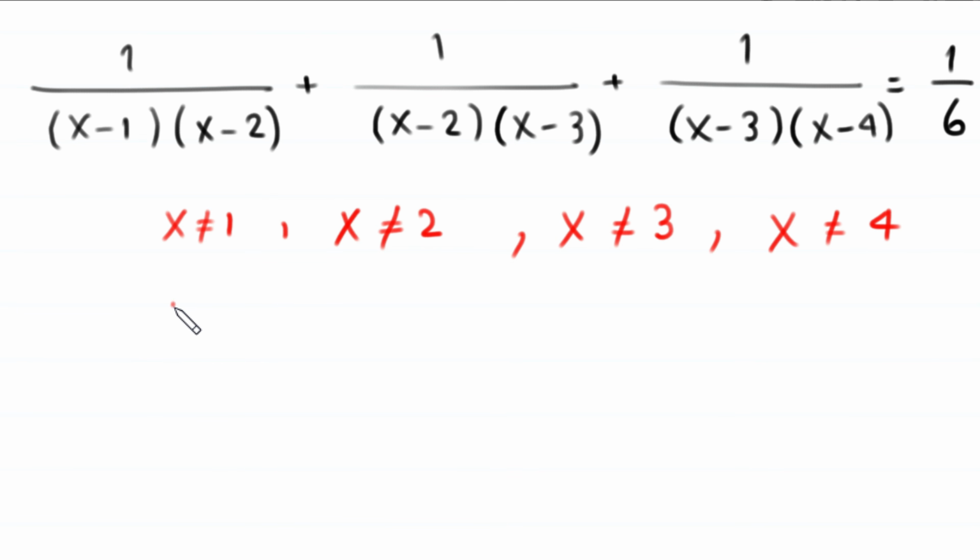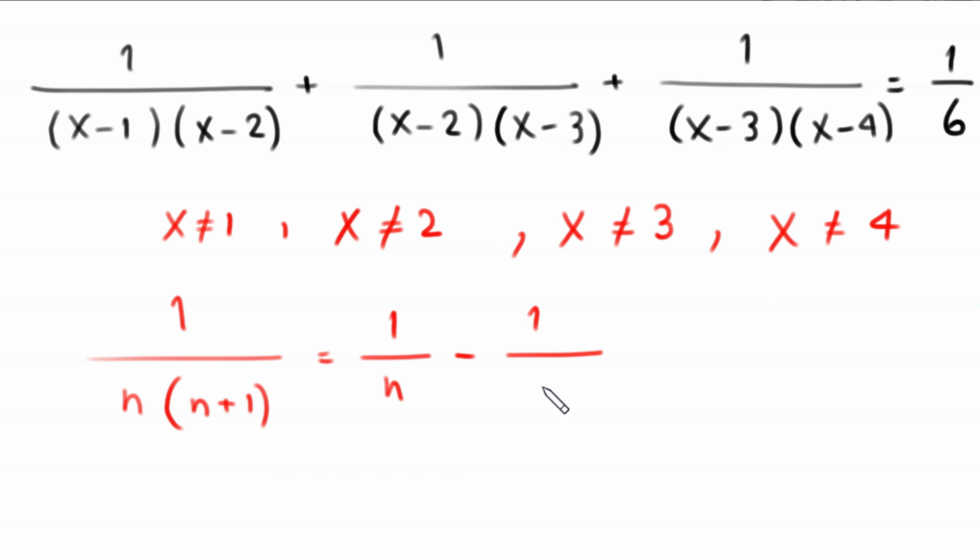Now by using this identity, 1 over n times n plus 1 equal to 1 over n minus 1 over n plus 1. In this expression, this x minus 2 is as n, and this x minus 1 is as n plus 1.